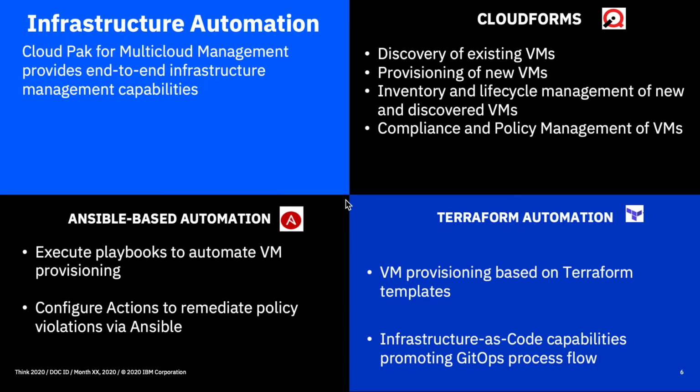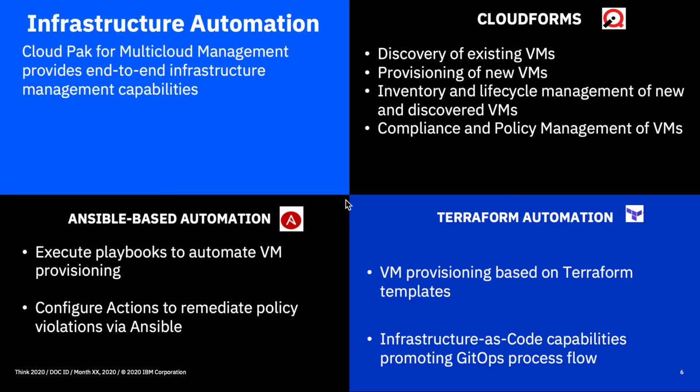We also have Terraform-based automation capabilities that let Todd provision infrastructure via Terraform templates, providing him with infrastructure as code and promoting a full GitOps process flow. And Ansible provides the core automation capabilities like executing playbooks for VM provisioning and also executing remediation actions for any policy violations.